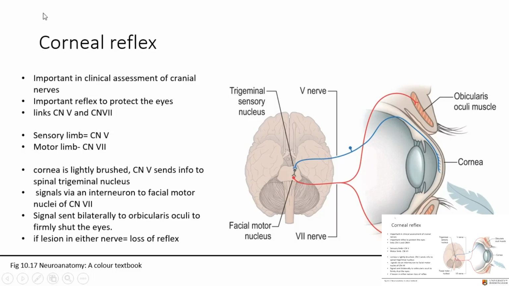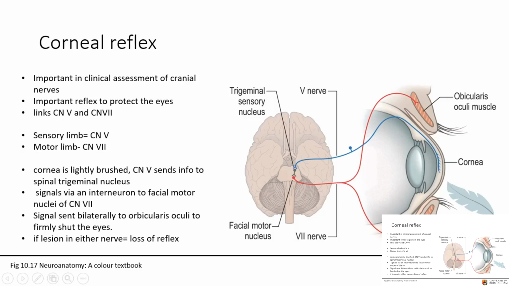Now the corneal reflex, this is the last bit. So the corneal reflex is one of the reflexes that will help us to assess the ophthalmic division of the trigeminal nerve. So as we know, the trigeminal is the nerve that provides sensory innervation to the face, to the eyes as well.